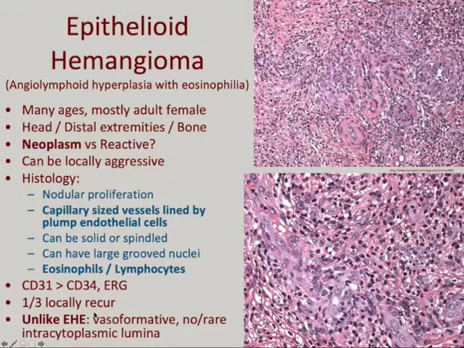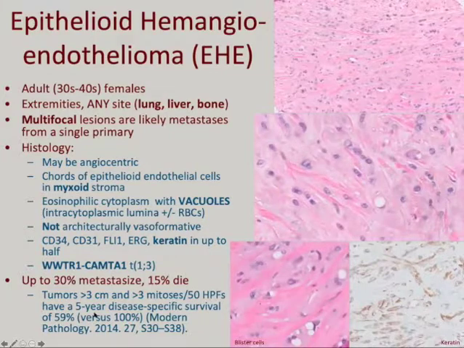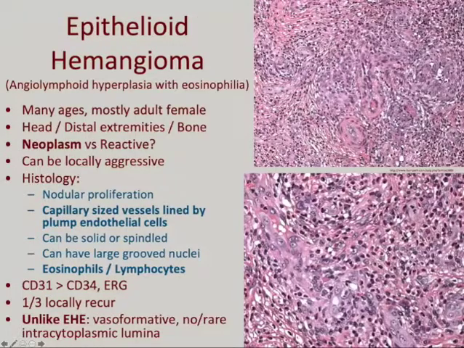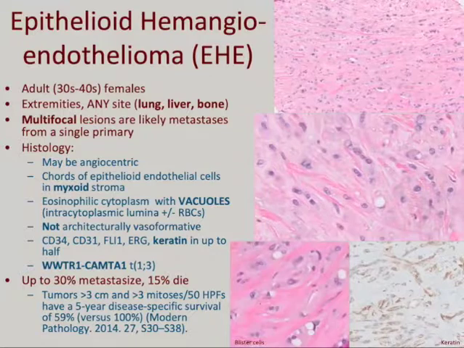So epithelioid hemangioendothelioma, right now your intermediate malignant potential, also can occur in any site, visceral, bone, soft tissue, whatever. But what it is, is not vasoformative. So hemangioma, vasoformative. Hemangioendothelioma, not vasoformative, right? So you see strands of cells in this myxoid stroma. The only thing that's going to suggest to you that this might be vascular is maybe you'll see these little blister cells, right?